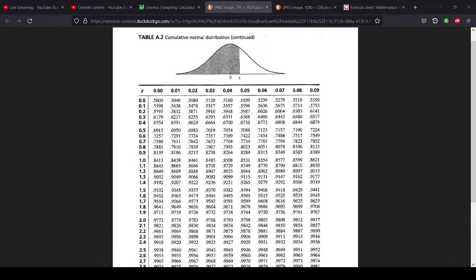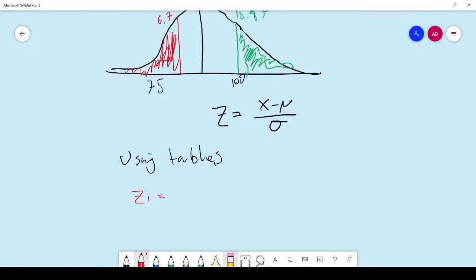Okay, so if we find the Z scores using tables, Z1 we'll do in red. Z1 using the tables would be 0.5239, I believe.